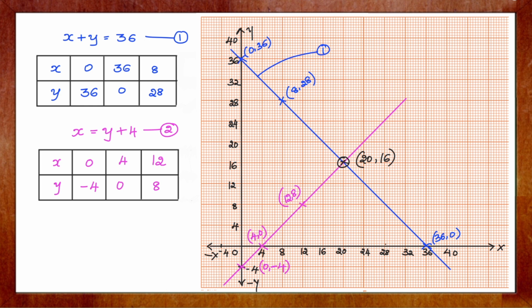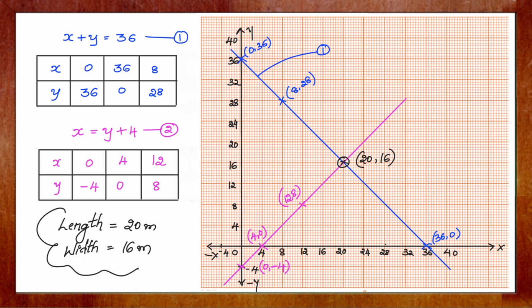We have taken length as x, which is equal to 20 meters, and width, taken as y, is equal to 16 meters. So the dimensions of the rectangular garden are length 20 meters and width 16 meters.